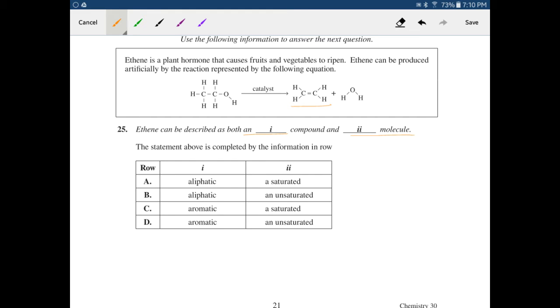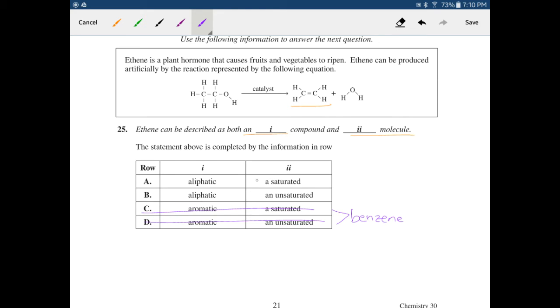Okay, and what we expect is that this is an aliphatic molecule. Now, again, the only way something can be aromatic is if it has a benzene ring in it. Now, since this doesn't have a benzene in it, we can immediately cross out both C and D because they are not possible answers. But when we take a look between our A and our B, we have an aliphatic as our first blank, which is correct, and ethene is not saturated.